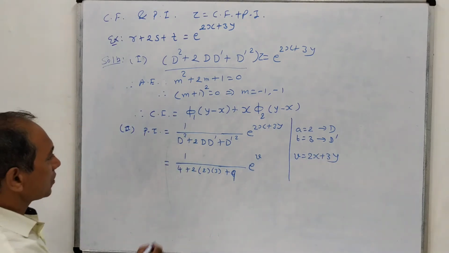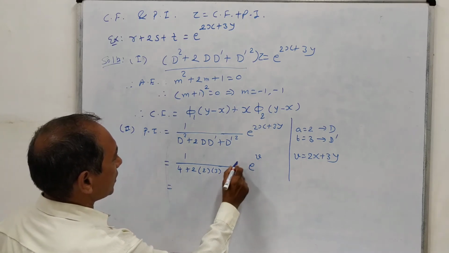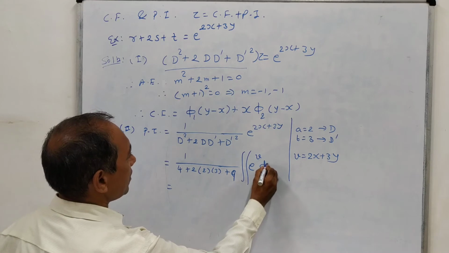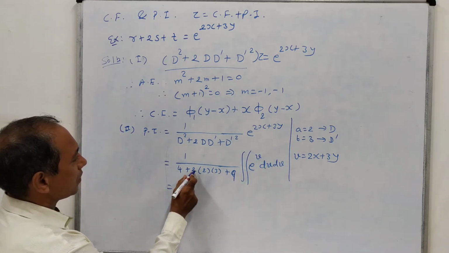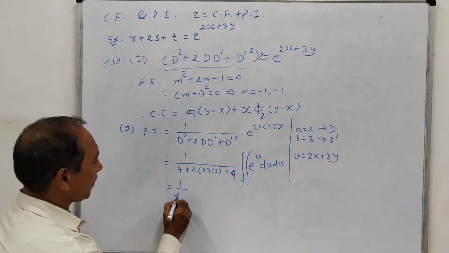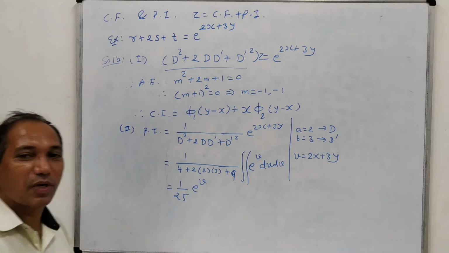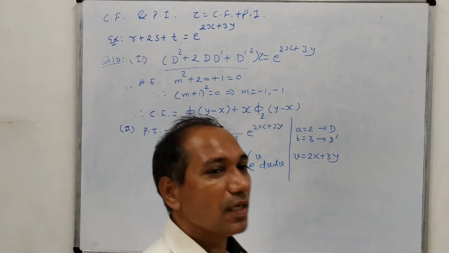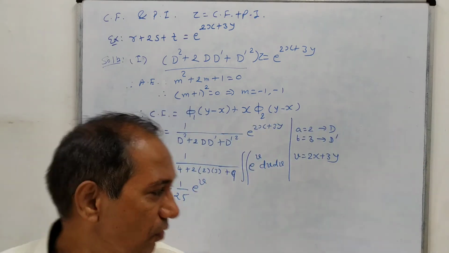Here we need to write double integration with respect to v. So 4 plus 12 is 16, 16 plus 9 is 25. So 1 upon 25, and the double integration of e raised to v is e raised to v, because the first integration is also e raised to v, and integrating again gives e raised to v.